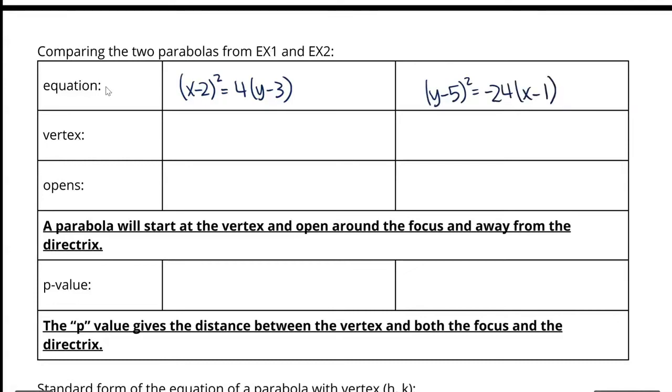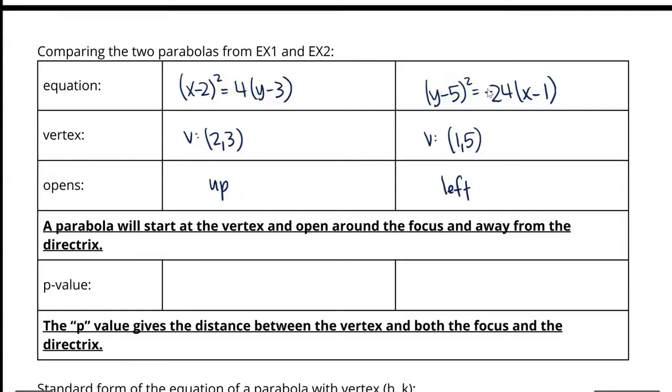And we said that this is a good form because you can see the vertex. So the vertex for the second one was at (1, 5), and the vertex for the first one was at (2, 3). The other thing that we can point out is which direction these open. The first one opened up, and the second one opened to the left.